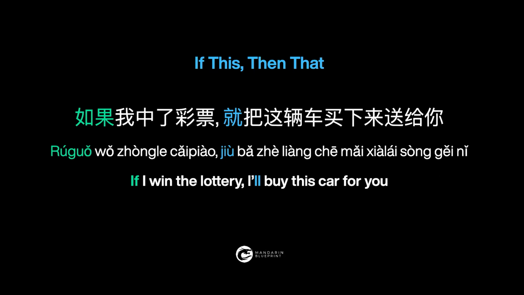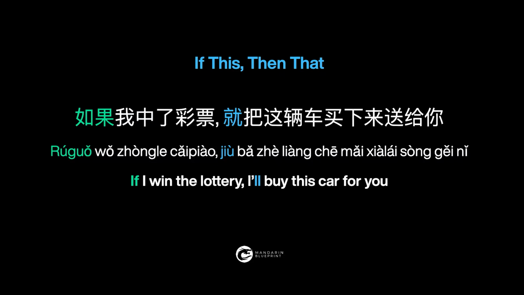So the condition, the hypothetical situation is that the weather will be good tomorrow. We can't be sure, the weather always changes, but if that condition is met, then we'll go to the park to play. 如果我中了彩票，就把这辆车买下来送给你。If I win the lottery, I'll buy this car for you.